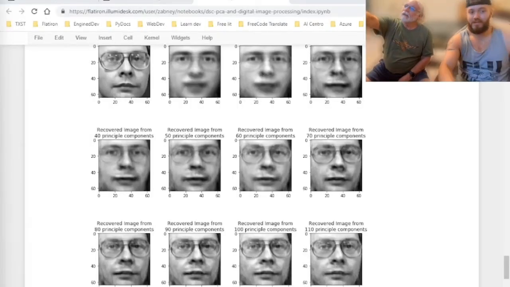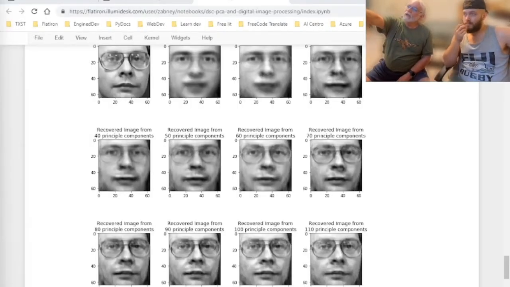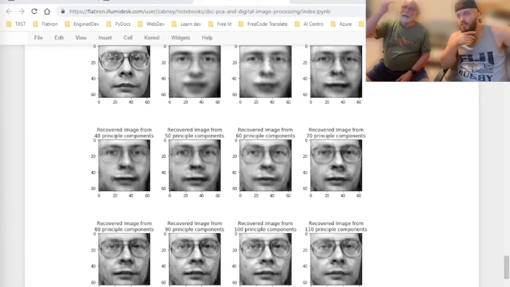Can I ask just a crazy question? Let's say at the 40 principal components, I'm imagining a facial recognition thing. The glasses this guy has on, so everything's good.